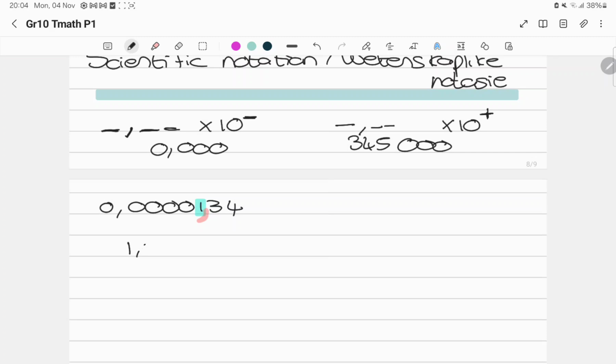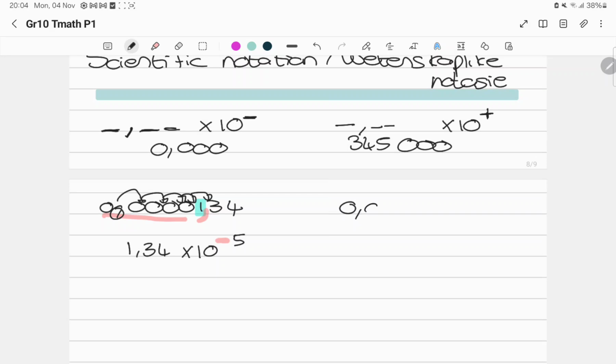So it means I'm going to have 1,34 times 10. It starts with zeros, meaning it has to be a negative power. And when I count, my comma was here, so it moved 1 spot, 2 spots, 3, 4, and 5. So it's going to be 1,34 times 10 to the power of negative 5.